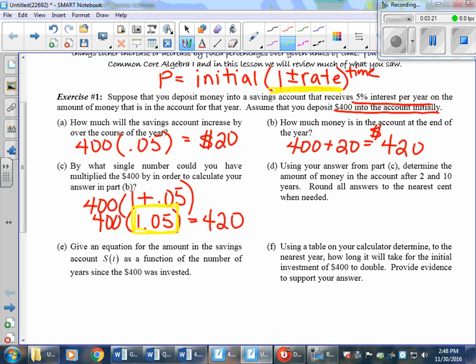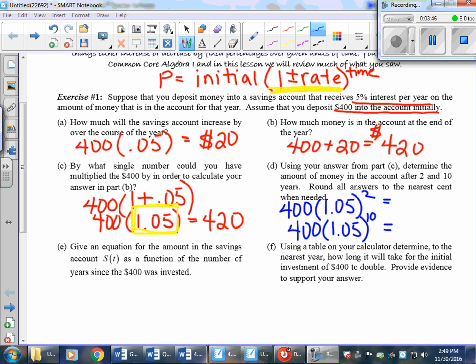Using your answer from part C, determine the amount of money in the account after 2 and 10 years. So we can use the same formula and do 400 times 1.05 to the second power after 2 years, and 400 times 1.05 to the 10th power for 10 years.